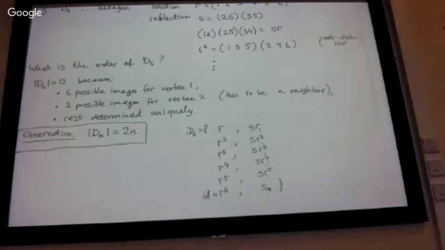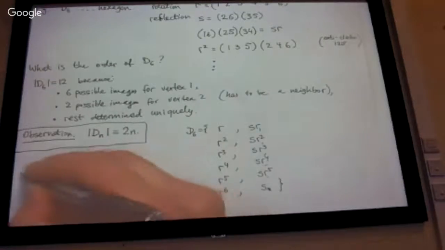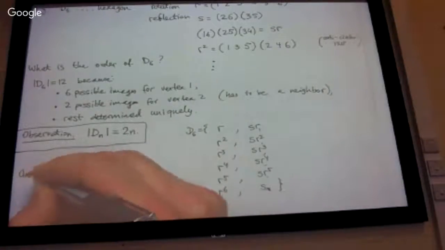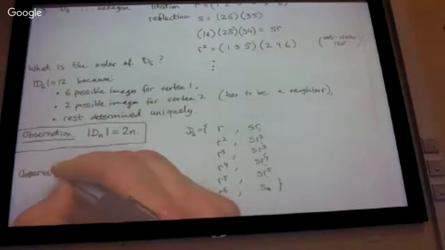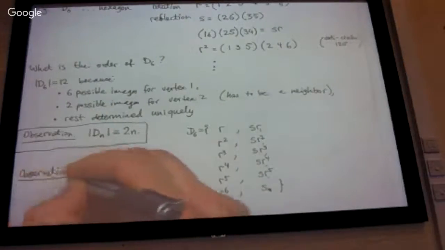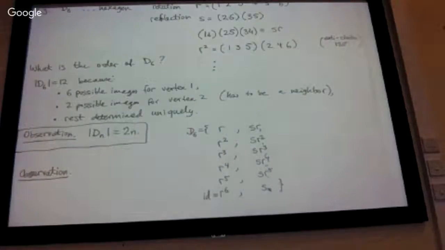So this is an observation. An observation is an easy theorem which doesn't need a proof almost, because everybody can observe proof.